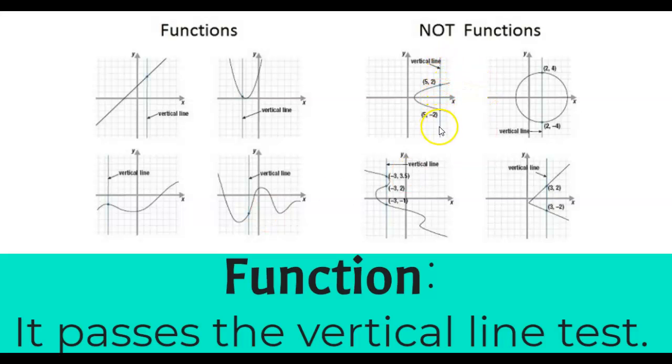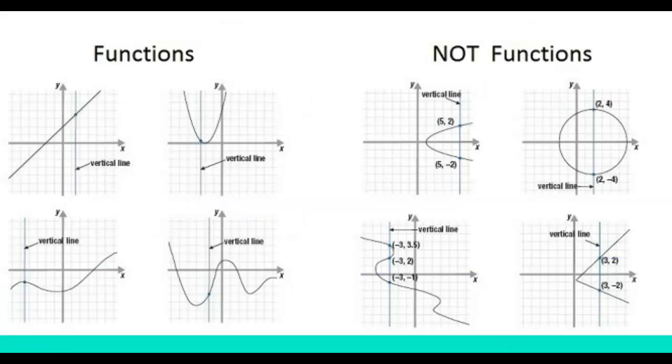In these examples, the vertical line drawn through the graph hits that graph, so to speak, more than once. Right here, this vertical line hits here and also here. So if it hits that graph, so to speak, or touches it more than once, we say that that graph does not pass the vertical line test.